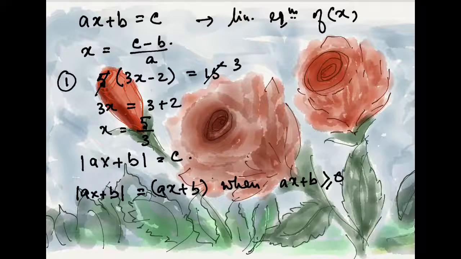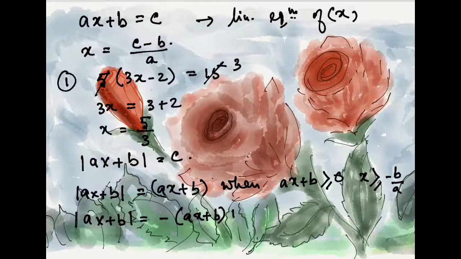This gives rise to x greater than or equal to minus b by a, simply rearranging this. And again |ax plus b| equals minus of (ax plus b) when ax plus b is less than 0, which means x less than minus b by a.